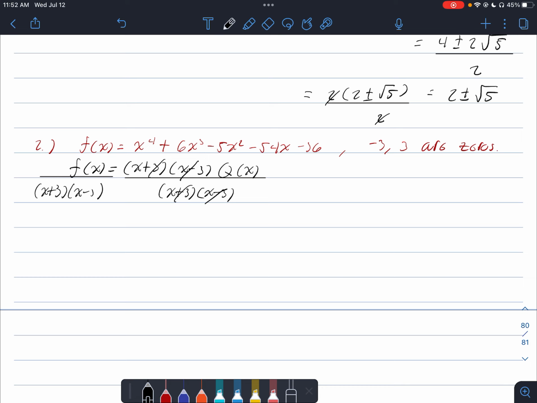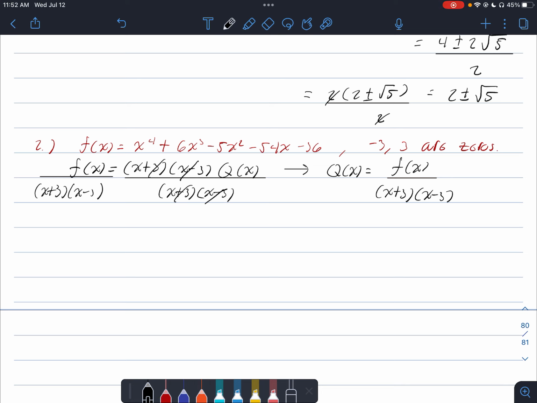Cancel all of this, and then we get q of x is equal to f of x divided by x plus 3 times x minus 3.